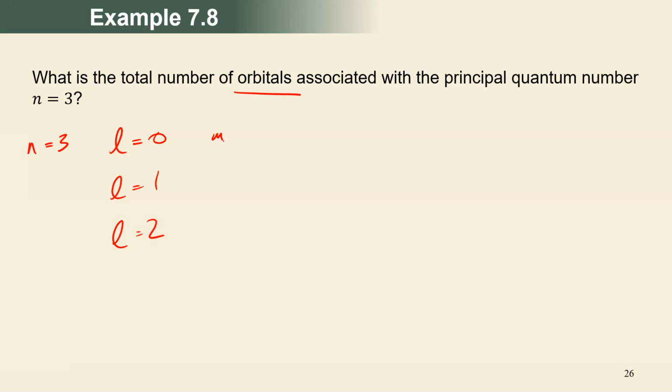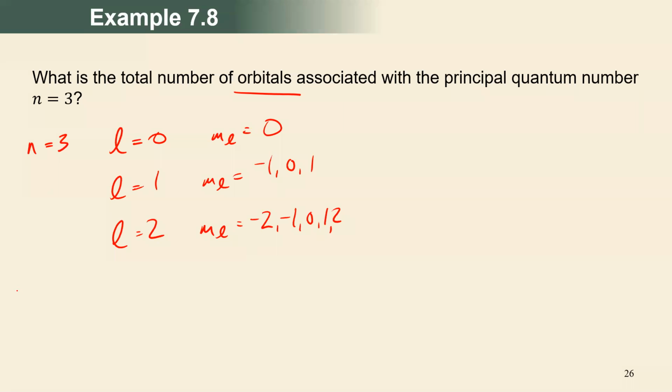If l equals 0, what are our values of m sub l? 0. If l equals 1, what are our values for m sub l? Negative 1, 0, or 1. That's it. And for 2? -2, -1, 0, 1, 2. That's it. Okay.